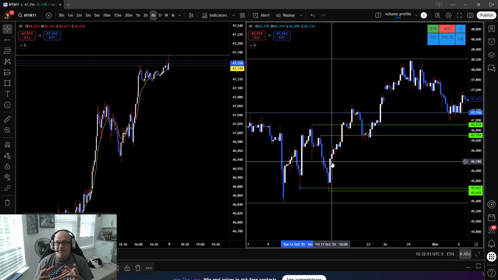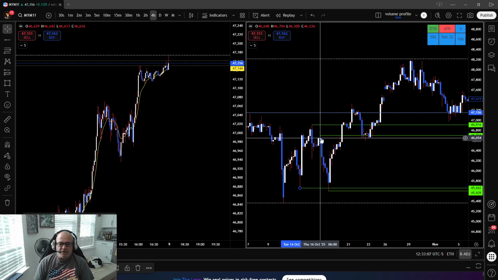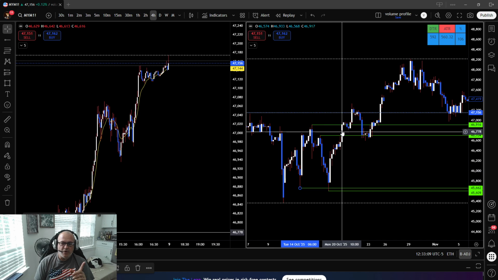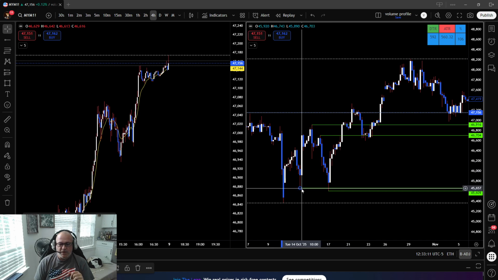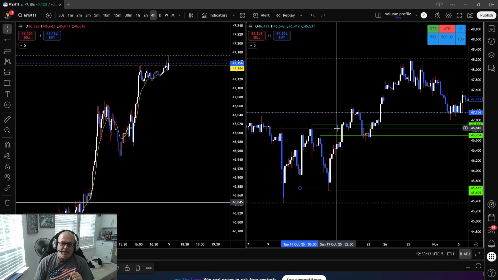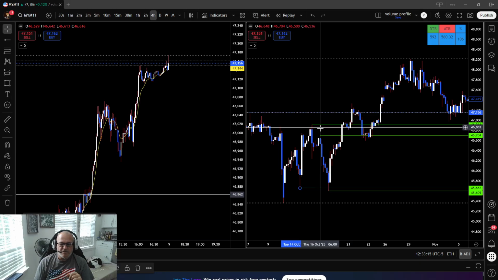I'm already going to have a dealing range on from a previous one, but I may need to adjust that and make a new dealing range if this particular thing happens. I'm looking for it to take a swing low and then break above a previous swing high.